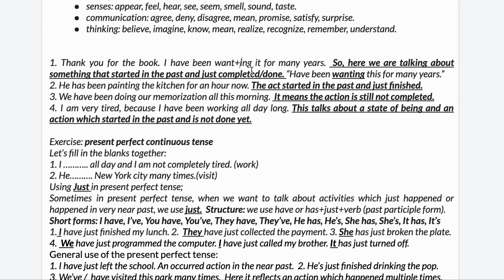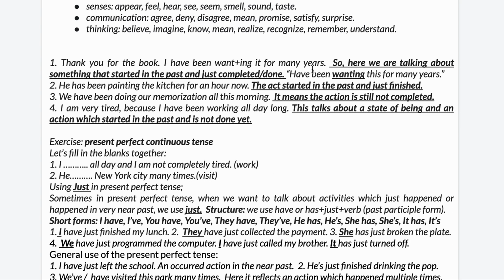So this is the structure of our tense. Here we are talking about something that started in the past and just completed. Why? Because, thank you for the book, I've been wanting it for many years. It means we are talking about duration of time.